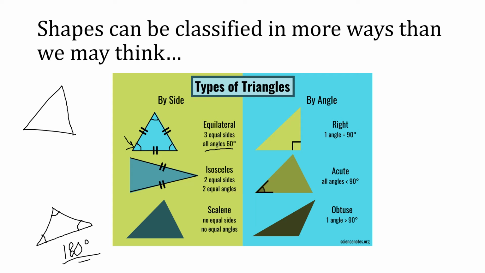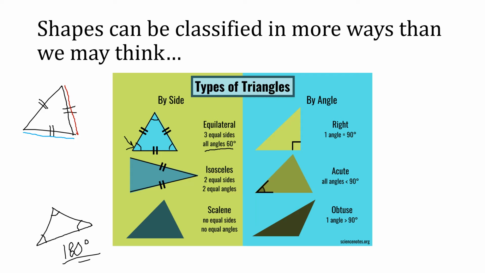All that matters is that you have the same number of tick marks on one side as the other side that you wish to compare it to. In the case of what I've drawn here, this side, which I've got 2 tick marks going through, and this side, which also has 2 tick marks going through it, are the same length. That's what the tick marks mean.